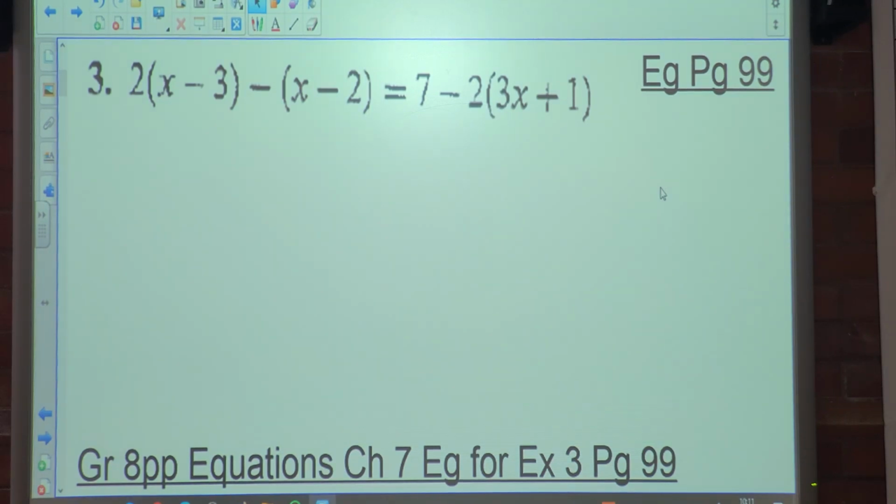So we got 2 into x minus 3, close brackets, minus open brackets, x minus 2, close brackets, equals 7 minus 2 open brackets, 3x plus 1, close brackets.